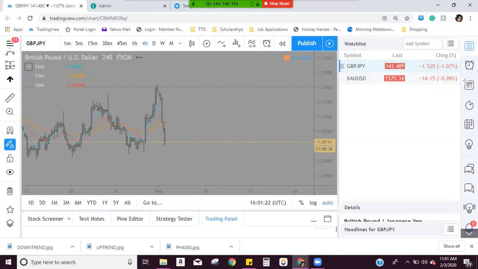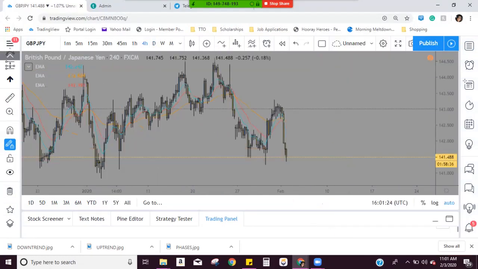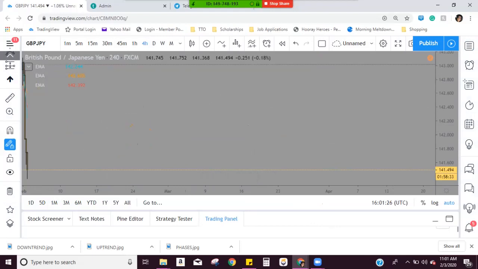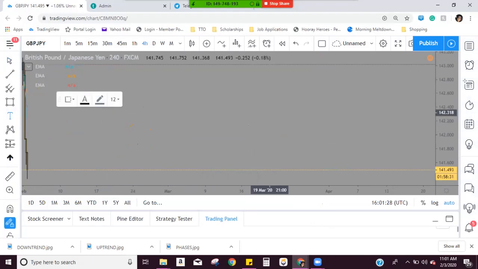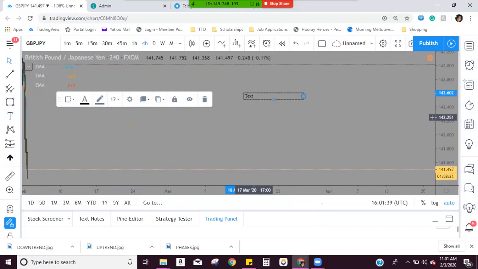So first things first, what is Fibonacci? Fibonacci was a person. I doubt that he traded Forex, but he was a scientist or mathematician who basically designed an algorithm that everything in life retraces to a point of levels before it continues to go in the direction it's supposed to go towards.